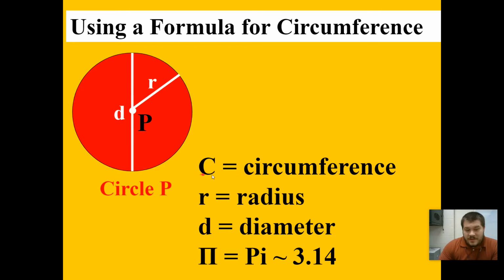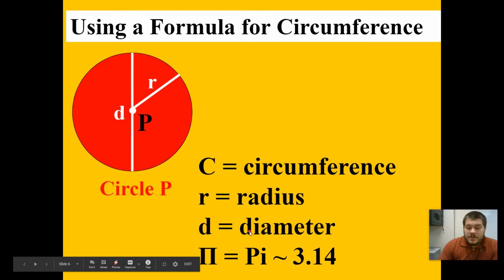Again, circumference, which will be represented by C, is the distance around the circle. The radius of the circle, which we represent with R, is the distance from the center to the edge of the circle. If I draw that radius anywhere on the circle, it's going to be the same length.